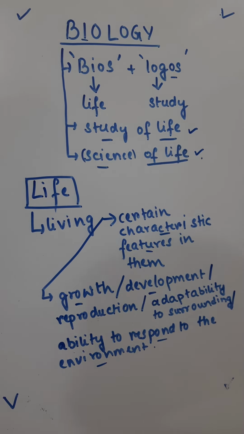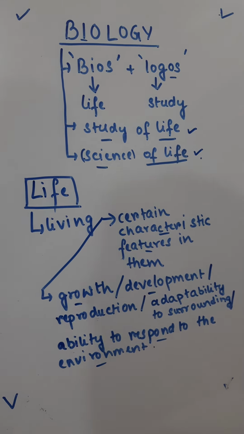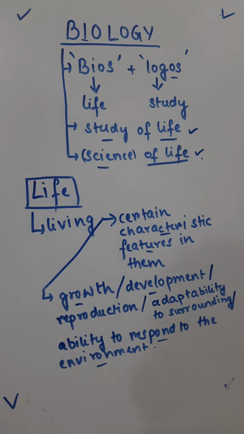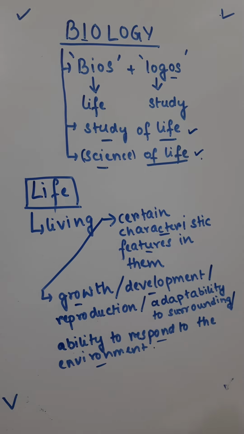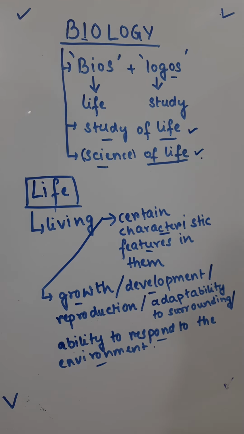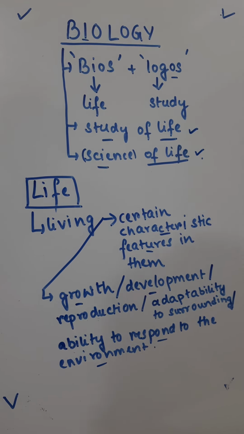So now I hope every one of you is clear with the definition of what life means. Life or living thing, we know examples of living things, but what does life actually mean? It means any organism that has some specific features. And what are those characteristic features?